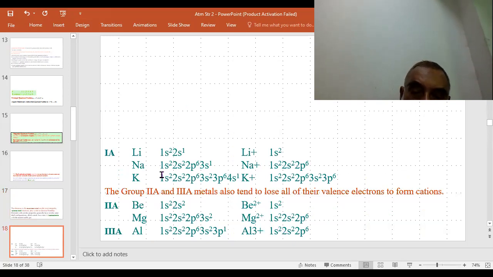These are the electronic configurations of lithium, sodium, potassium.